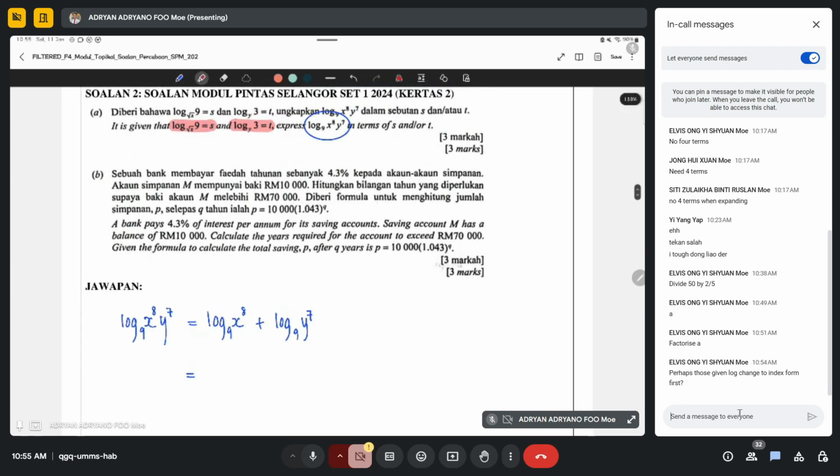You see here the first part has base 9, so we must relate to the first one. Then the second has y, so we must relate to the second. This is a technique. The first part is related to log base x of 9.